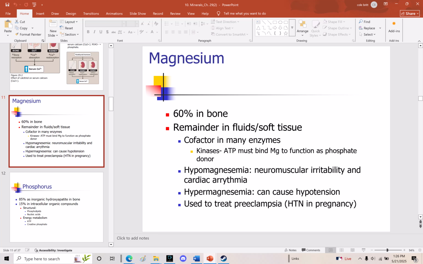can actually prevent or affect calcium when it's contracting smooth muscle, which is in your vascular system. Vascular smooth muscles are what's going to dilate and contract your blood vessels.